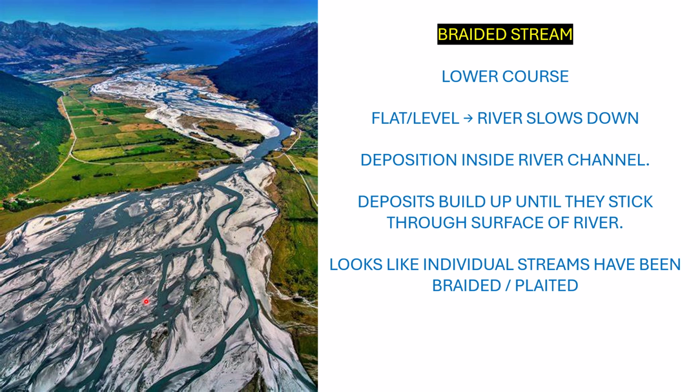When looking at the river or the stream from above, it looks as if the individual streams have been braided or plaited. On occasion, braided streams can be considered as fluvial landforms, but I've also observed braided streams being referred to as a fluvial characteristic in certain question papers.